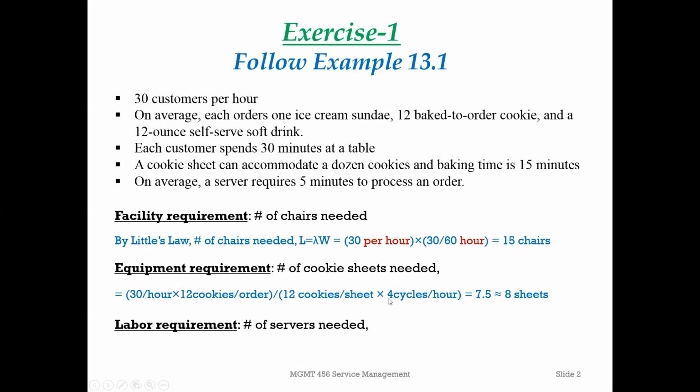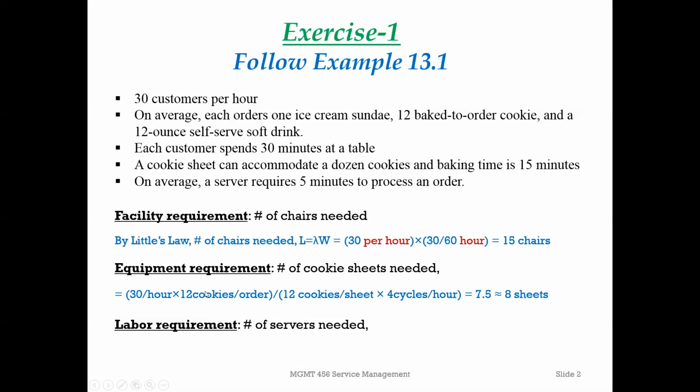Each time we cook cookies, it takes only 15 minutes, so in 1 hour one cookie sheet can be used 4 times. Each cycle, you can cook a batch of 12 cookies. So 12 times 4 gives how many cookies we can make with 1 cookie sheet per hour.